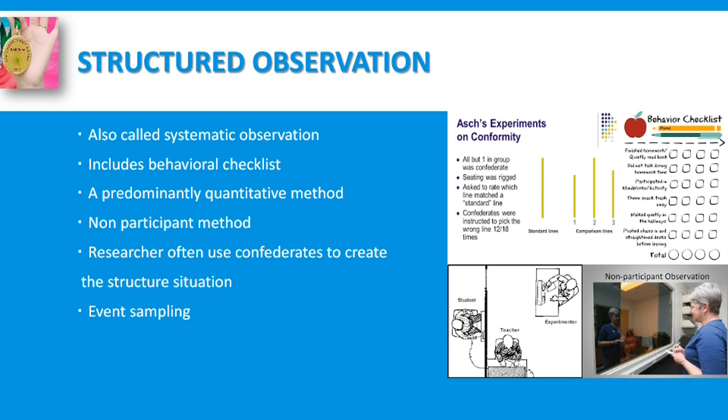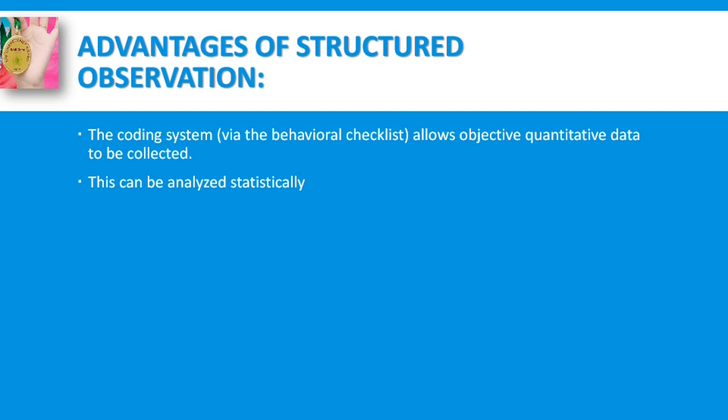So, the researcher sets up a specific situation in order to observe people's behavior. Structured observation is useful when behavior is difficult to observe as it occurs naturally. So, in this way, researchers often use confederates to create the structured situation.